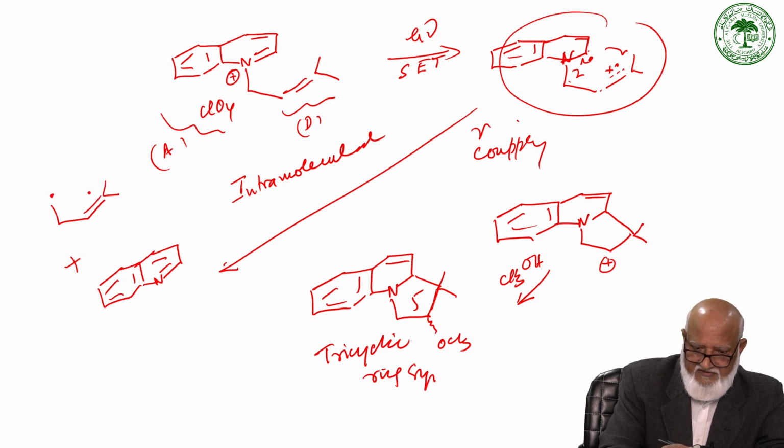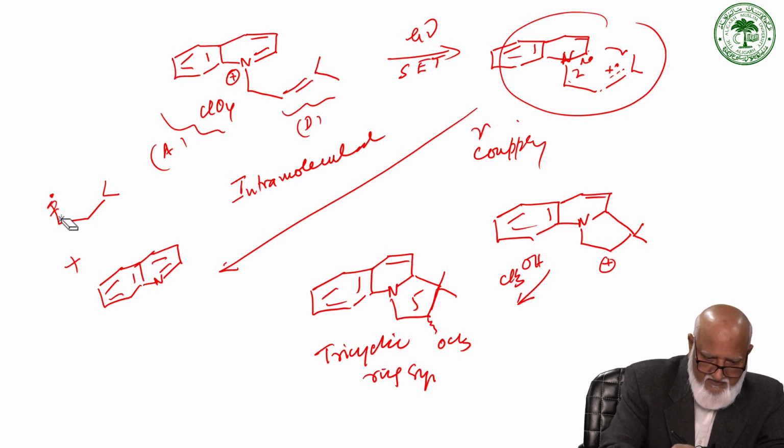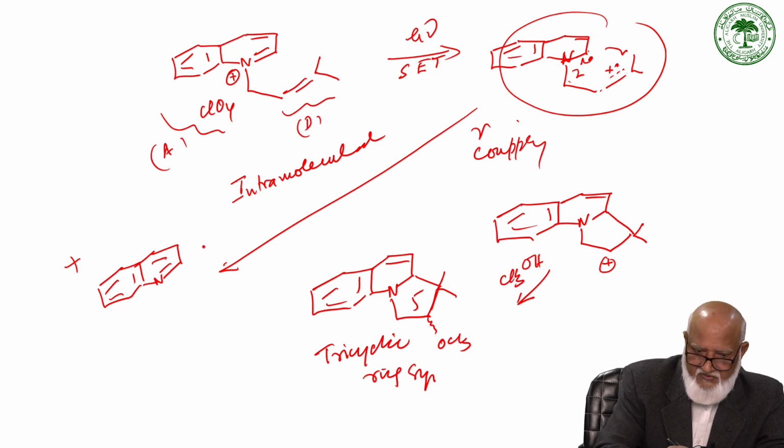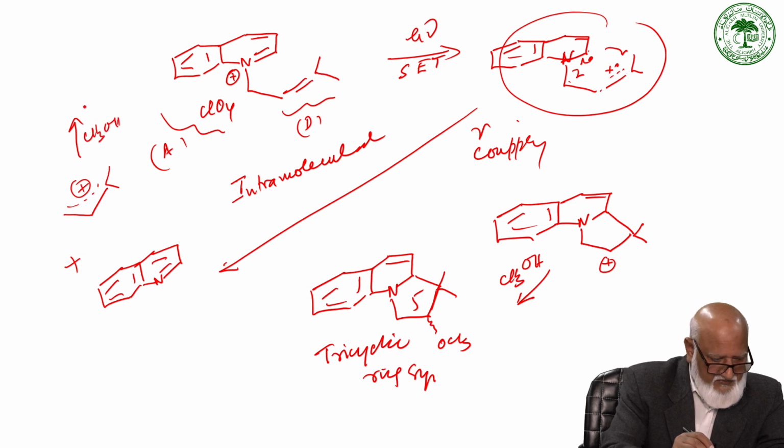So here this is a radical cation, and when this goes as a positive charge, it is again trapped by methanol to give two products.